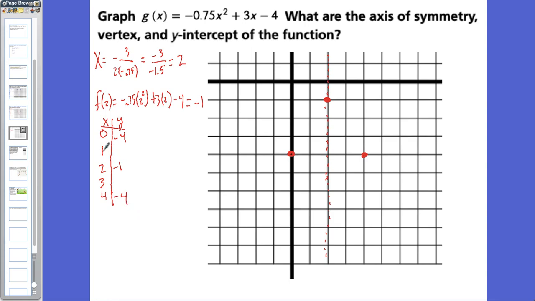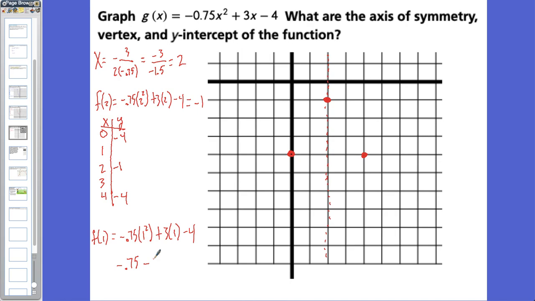And now all I've got to do is put a 1 into my equation. So f of 1 is negative 0.75 times 1 squared plus 3 times 1 minus 4. So that would be negative 0.75 plus 3 minus 4, which is minus 1.